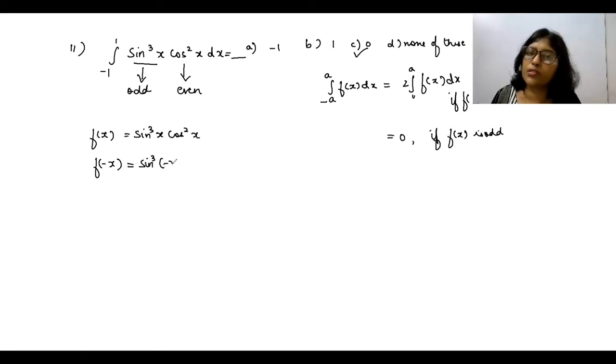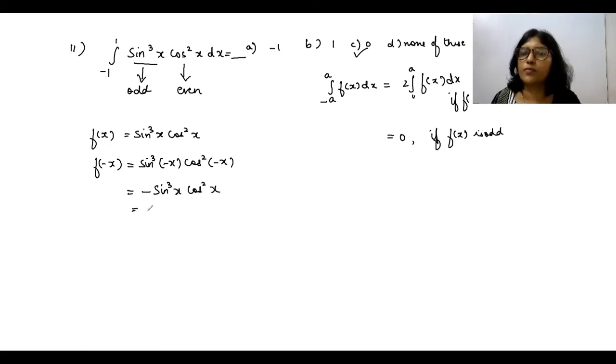So this becomes cos square of minus x, so minus sine cube, and cos being an even function, same, minus of fx. So when you have minus of fx, it means it's an odd function. For an odd function, the answer is 0.